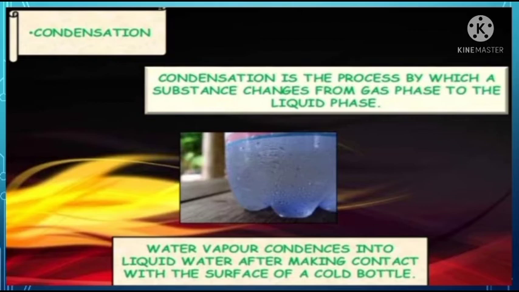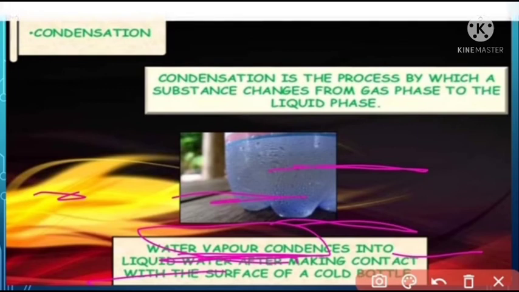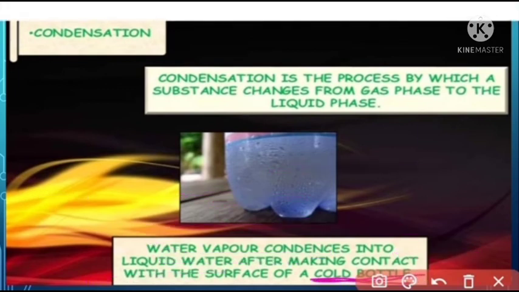Any strongly cooled surface also condenses vapor, which is collected as droplets. So water vapor condenses into liquid water after making contact with the surface of a cold bottle.